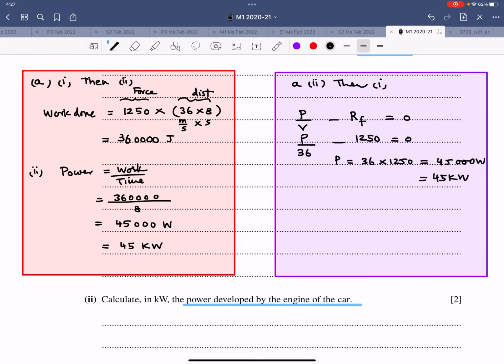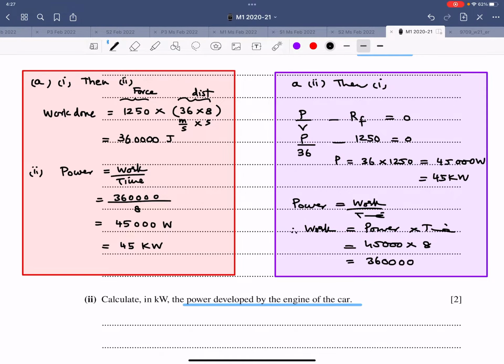And then based upon power, you can find the work done. So power is work divided by time. Therefore, work is power into time. So power is 45,000 multiplied by time of 8 seconds. So this comes out to be 3, 6, and 4 zeros joules. So there are two approaches to this particular question.